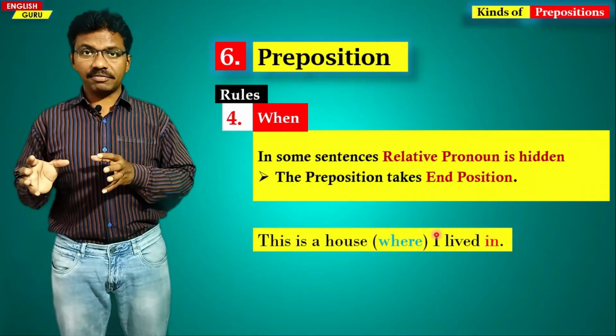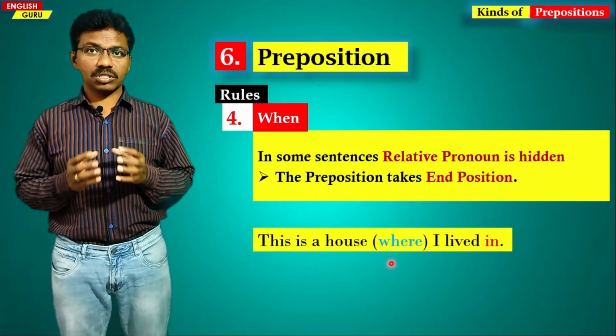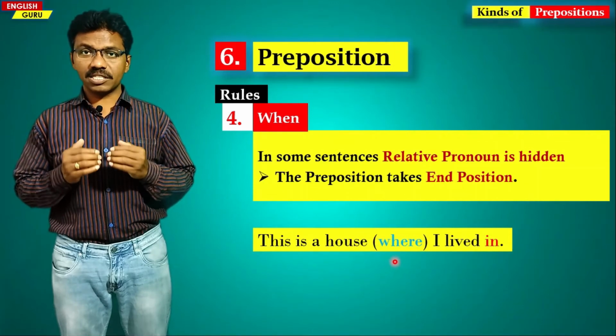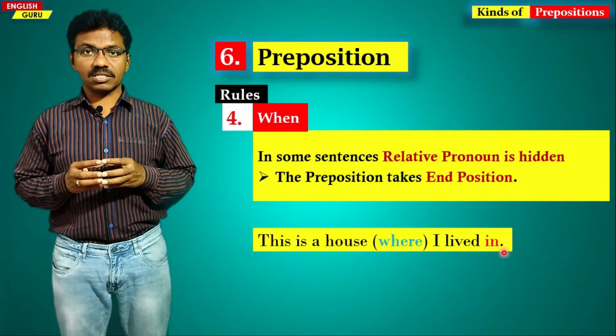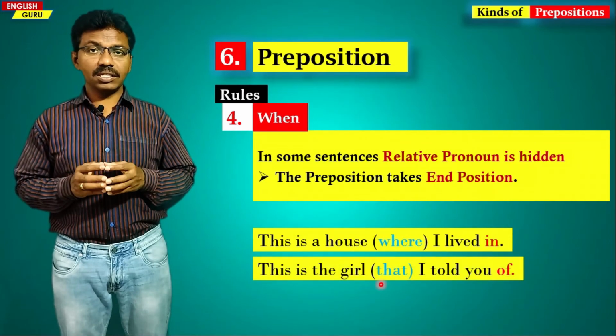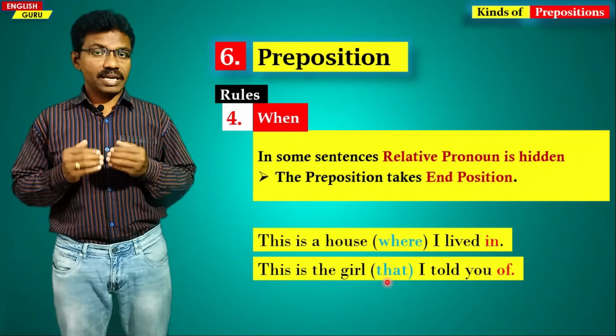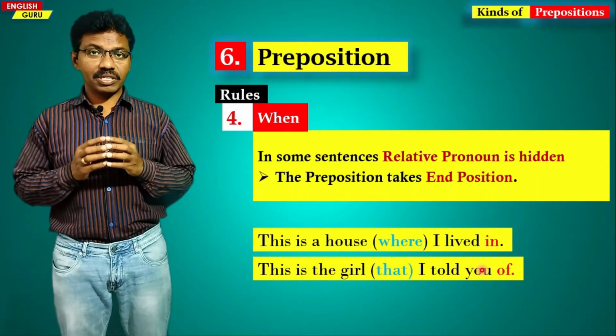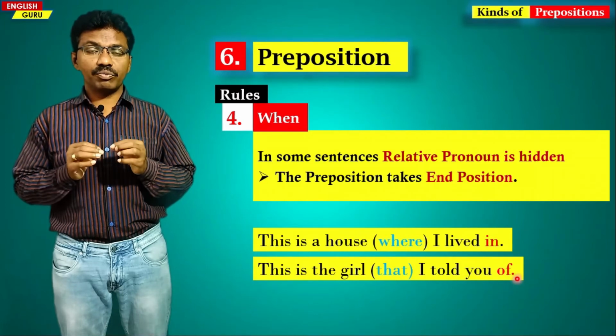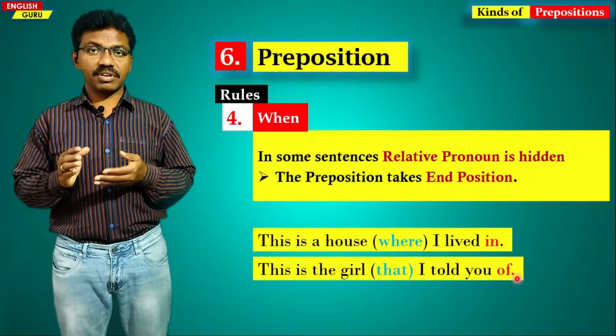So where I lived actually, but where is not seen, it is implied, it is understood in the context. So in is placed at the end of the sentence. The second sentence, this is the girl I told you of, that I told you of. So that is understood in the context. When this kind of situation is there, we place the preposition at the end of a sentence.